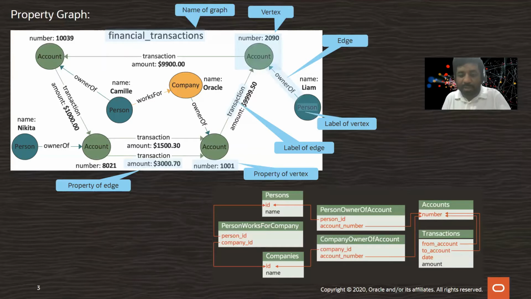We'll have a different view, maybe connecting the accounts and the persons. We'll have a different table for the companies. We'll have a different table for the transactions. So individually, we'll be storing multiple detailed transactional tables within a product like a database. And then they will all be connected with foreign keys as well as the primary keys.